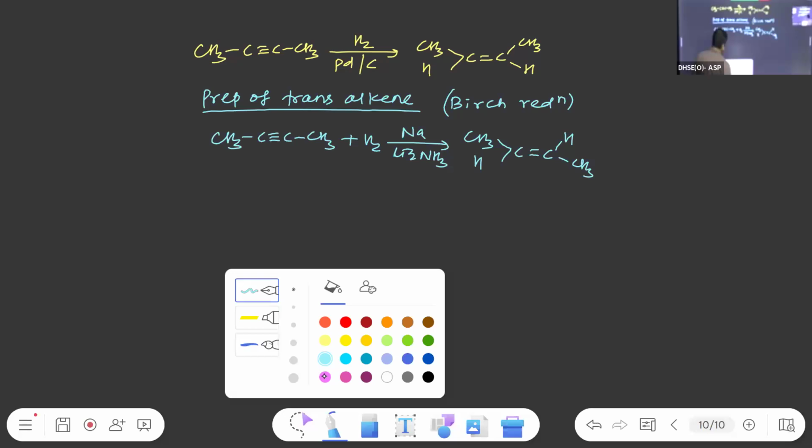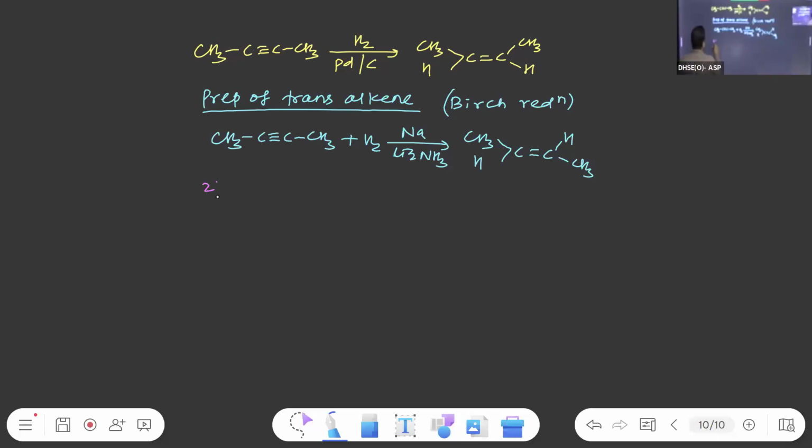Next, second is from haloalkane. If you are taking 2-chloropropane in the presence of base, which base do you have to take?